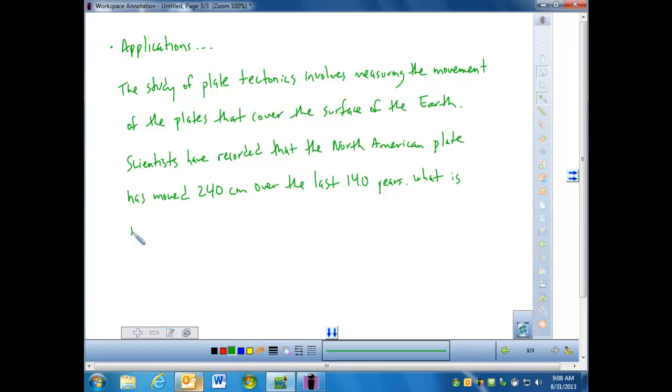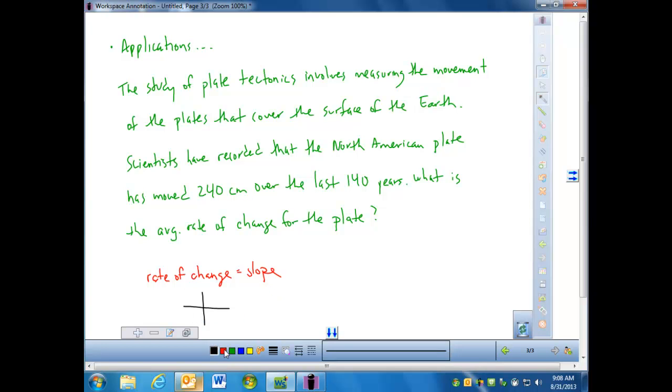Hopefully, as you're thinking about it, what comes to you is that you're going to take the change in your one variable, in this case the distance, and divide it by the change in your other variable, which is time, or a number of years. So that's just going to be 240 divided by 140. And really, rate of change, remember, is just slope.